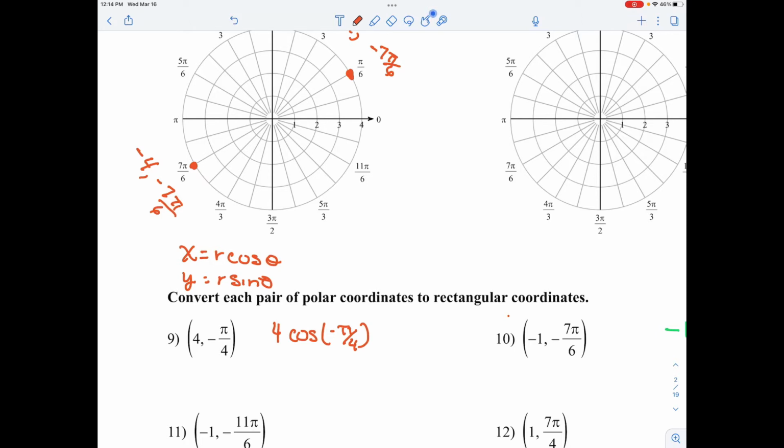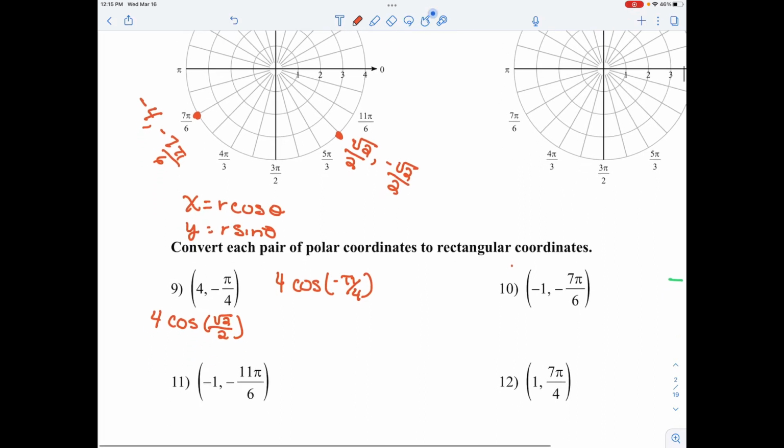I know that negative pi over 4 is here, and so this is in the fourth quadrant. So cosine is positive and sine is negative.